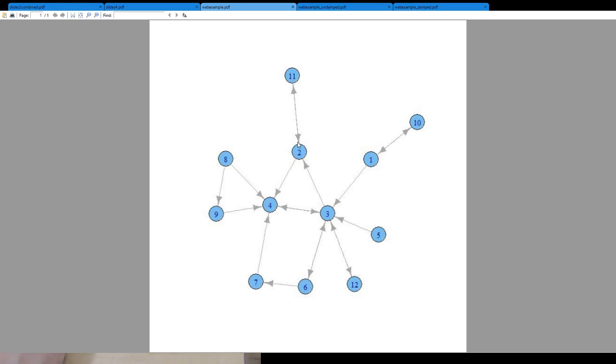So 4 has lots of links going in and has 1 going out to 3. And then, for example, some pages like 5 have hyperlinks going out, but you can't reach 5 from another hyperlink. So good luck finding it. So you model your internet like that. The internet, of course, is really big, but the same idea works. You just have billions of web pages instead of 12.